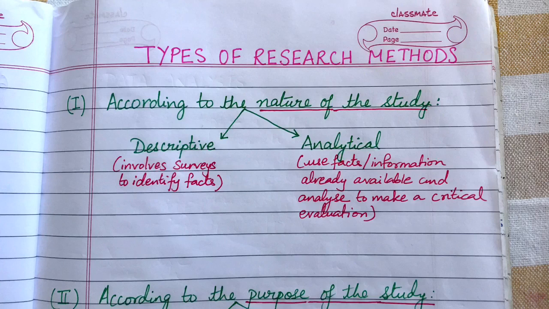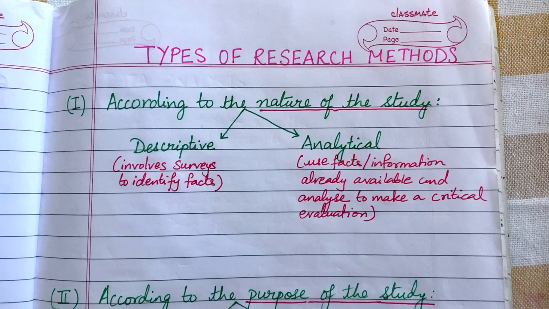While analytical research is very different, in that the researcher here has to use facts or information which is already available, and analyze those facts and information in order to make a critical evaluation of the material which is available, to come to a conclusion.